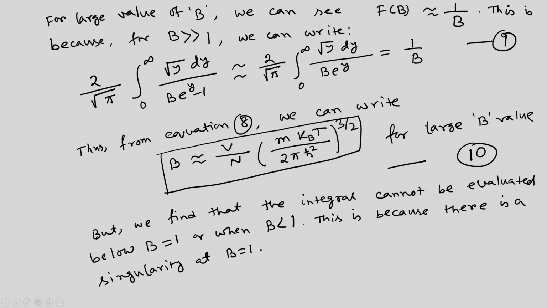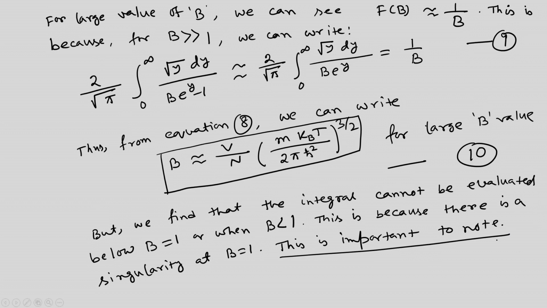Okay. This is important to note: that the value of b cannot be less than 1 and there is a singularity at b equals 1.